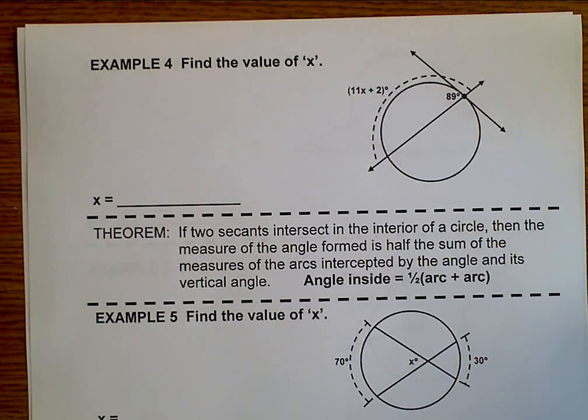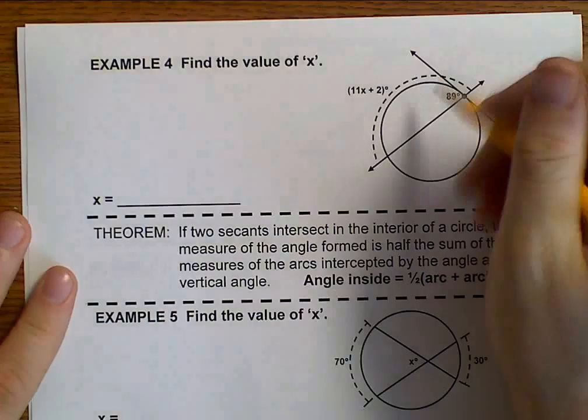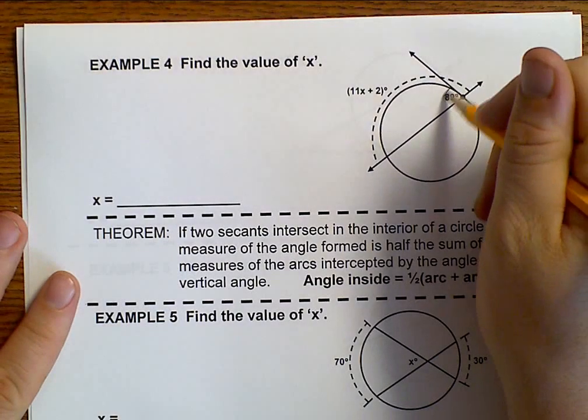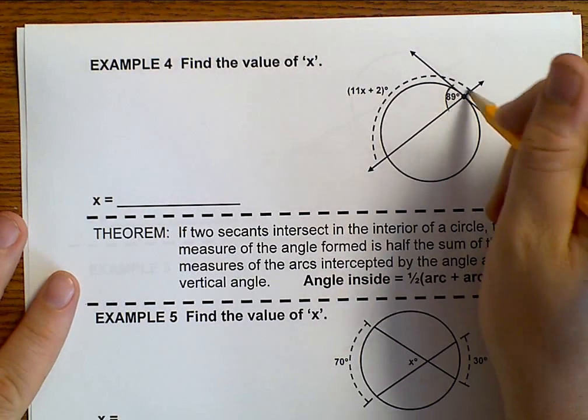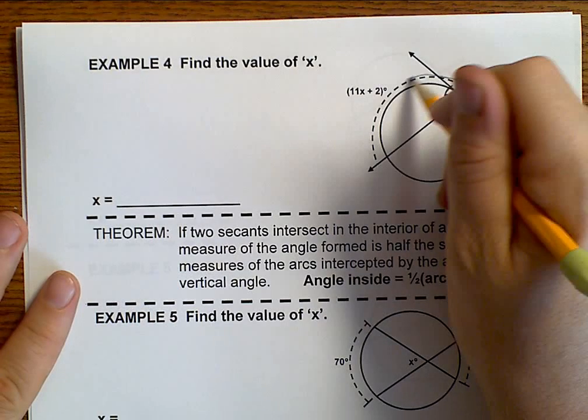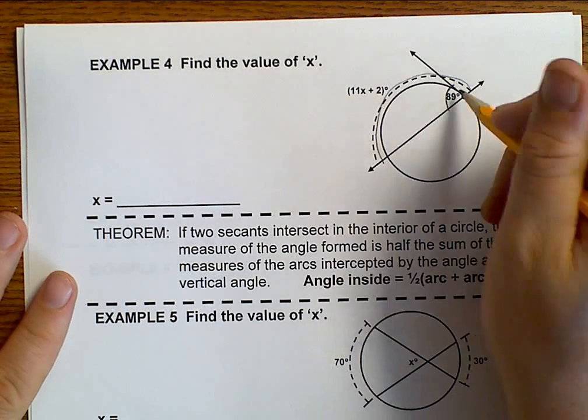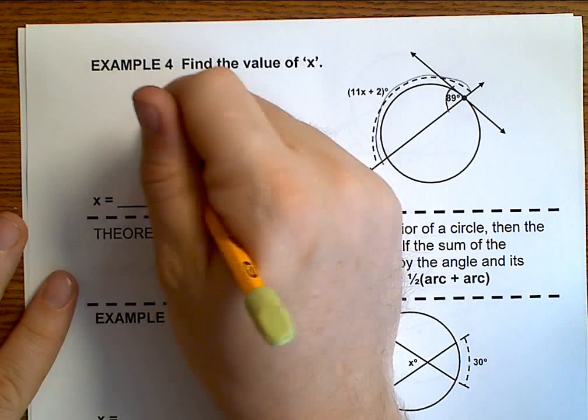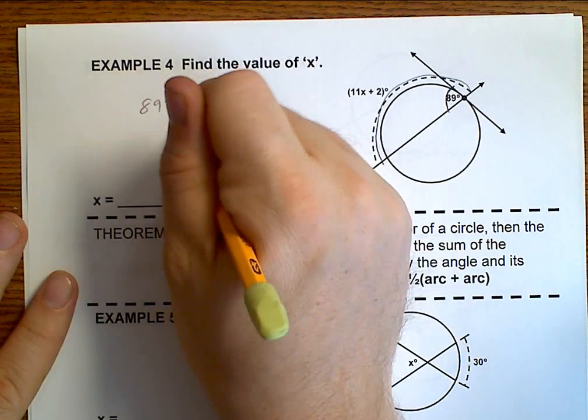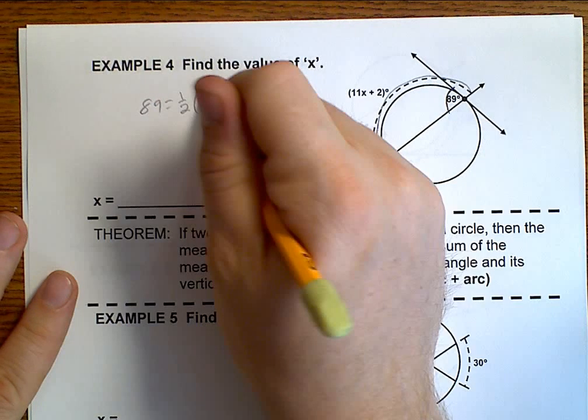This one looks a little bit more actual, where this is 89 degrees. We're going to want to find out what this angle is. Well, this is half of the other. So 89 is 1/2 of 11x plus 2.